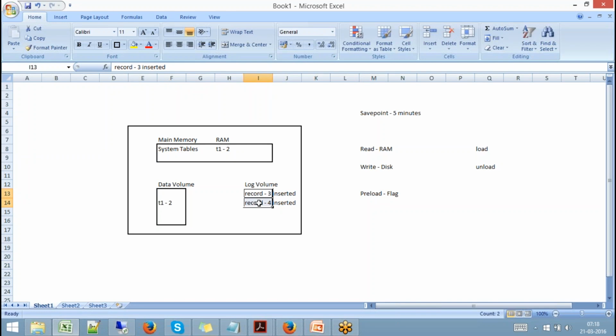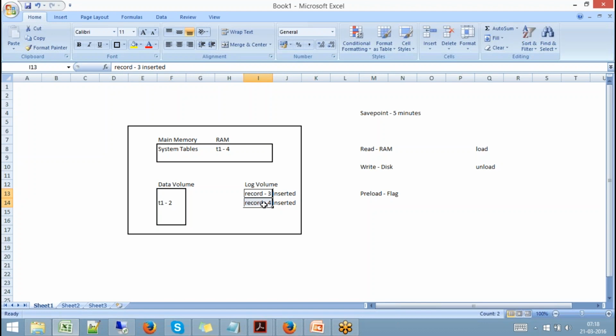The log volume has the logs with the entire statements that were executed. It re-executes those logs and brings the table up with 4 records. So when it reloads this table when you switch on the server, it re-executes those transaction logs to bring the data back to the state it was in when you lost the power.